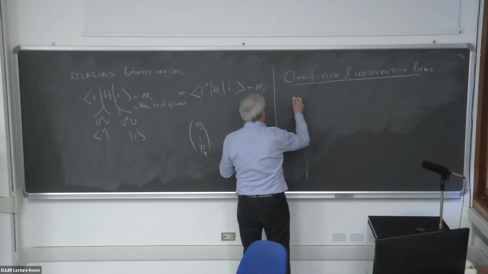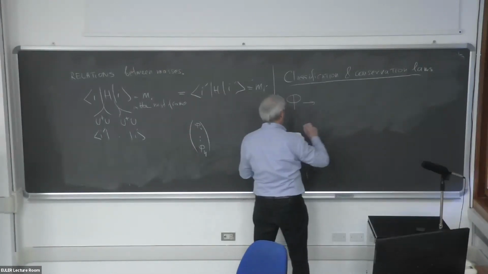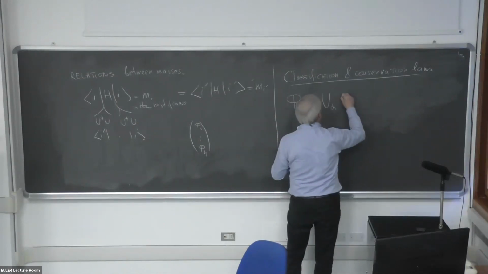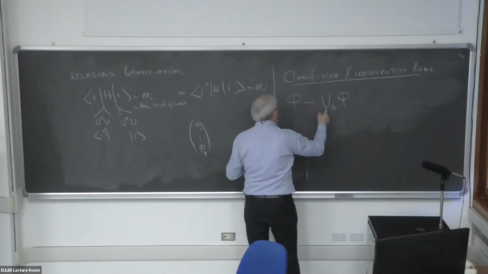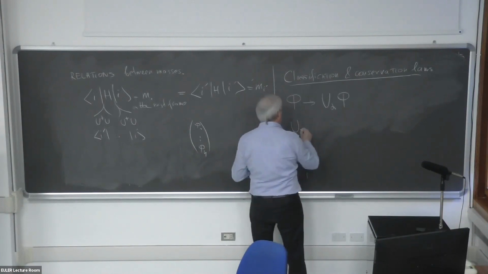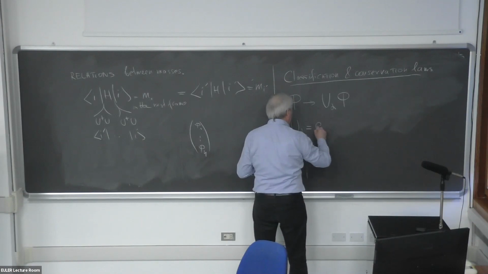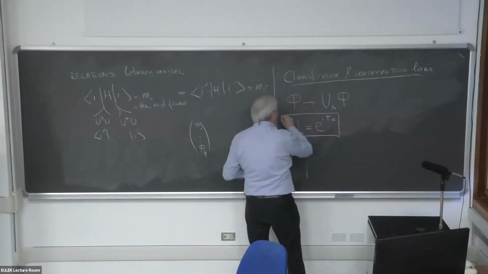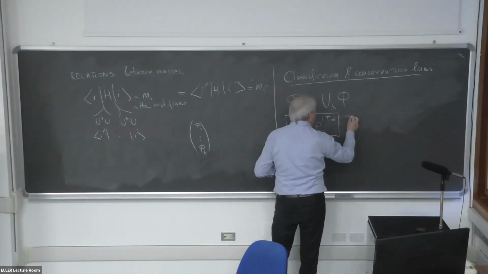We have transformation according to the symmetries at the classical level. First, U of alpha multiplied by F, where U of alpha is the transformation. As you studied in group theory, this is given by the exponent of i times the generator times alpha. That's the transformation property, where alpha is a continuous parameter.